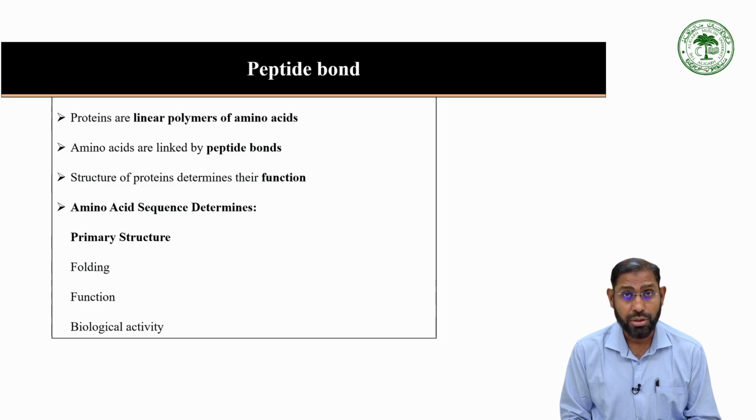How folding occurs, and all the biological activities of amino acids and proteins, depend on the different types of binding with peptide bonds. That is why we want to know the amino acid sequence and all the peptide bond formations, and how they behave in solutions.